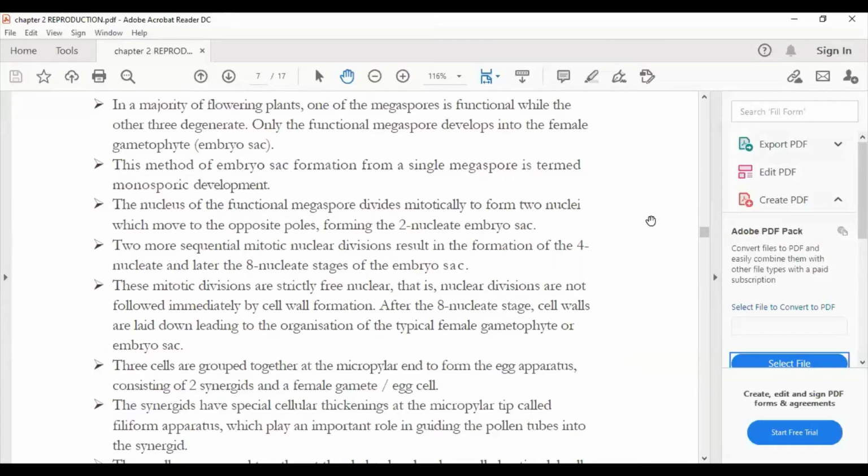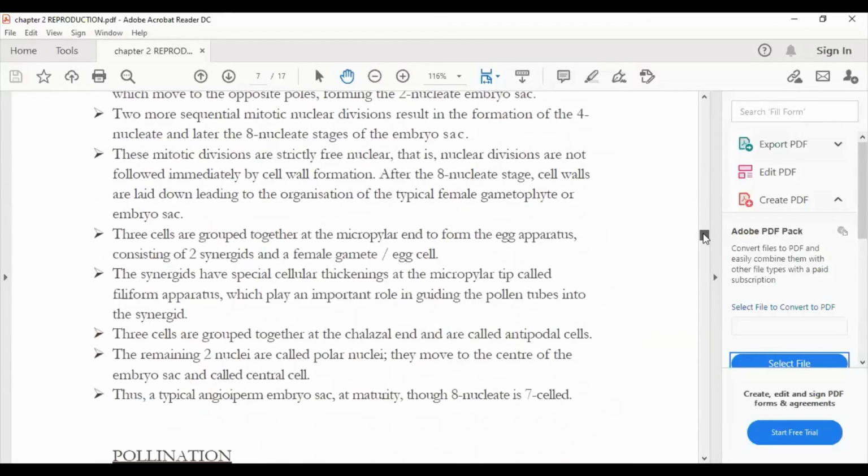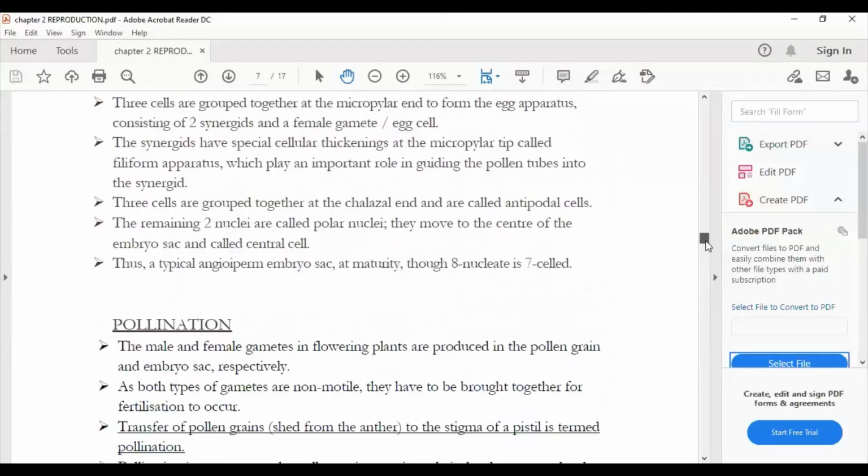Please make a note that it can also be called 2, 4, 7 celled, or it can also be called a 2, 4, 8 nucleate embryo sac. So this is the diagram which can be asked.